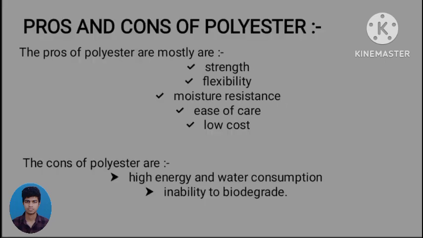Pros and cons of polyester means advantages and disadvantages of polyester. It gives strength, it has good flexibility, moisture resistance, ease of care, and low cost. Cons of polyester means disadvantages of polyester: high energy and water consumption, and inability to biodegrade.